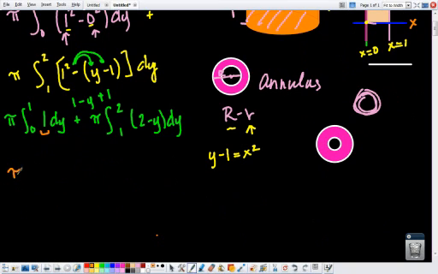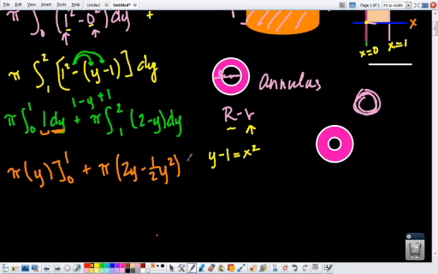So pi times the integral of 1, and remember we're using with respect to y here, so it's y from 0 to 1, plus pi. We could have factored out pi and just left that out front if we wanted to. The integral of 2 minus y is 2y minus half y squared from 1 to 2.